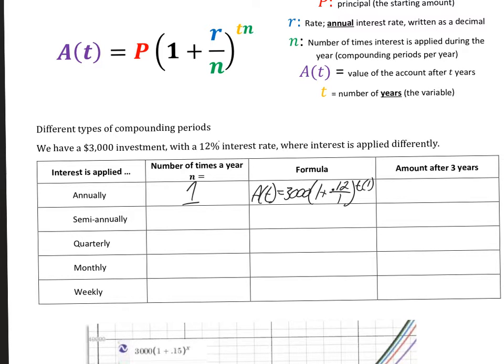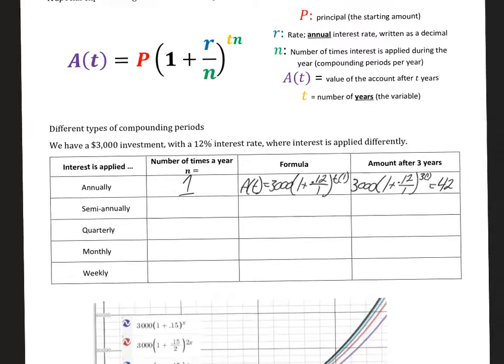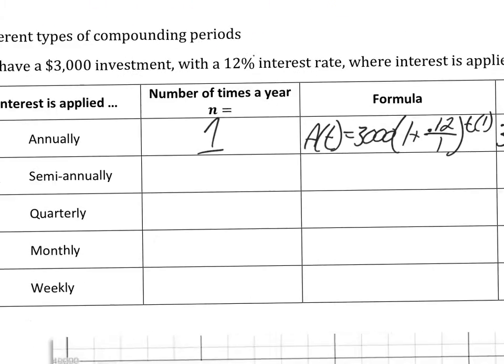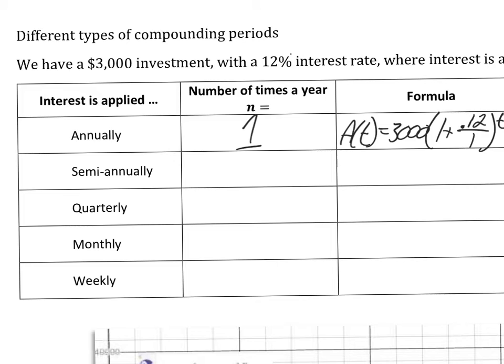So after 3 years, we're going to do 3,000 times (1 plus 0.12 divided by 1) to the 3 times 1. You can plug this into Desmos. It'll make it way easier for you. If you do, you should get 4214.78.